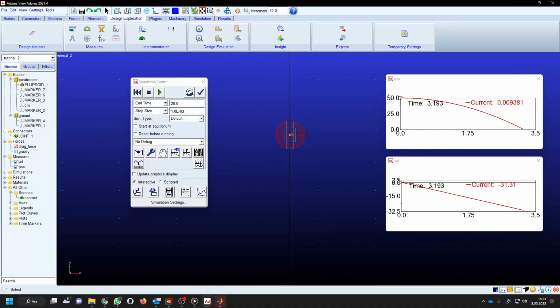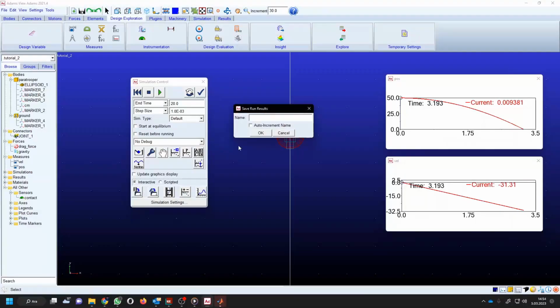So I'm looking at my position and velocity measures, and I think the direction of those measurements are true. So I can save my results like this. Let's name it as without aerodynamic, or without aero. Okay.